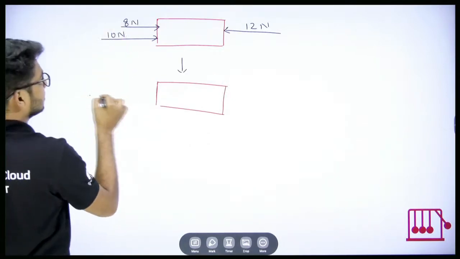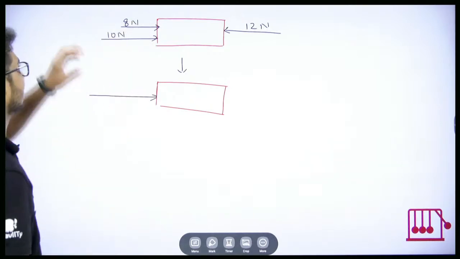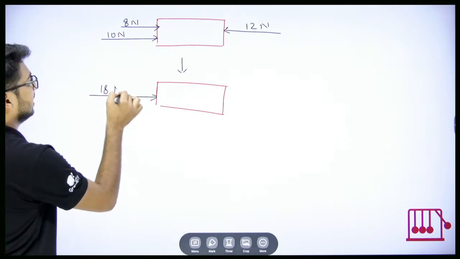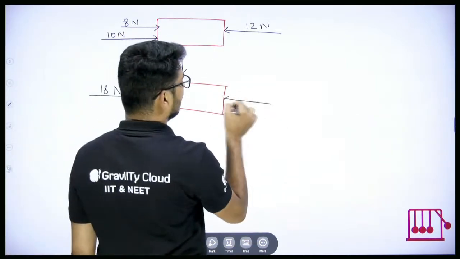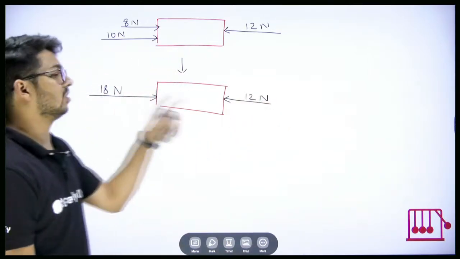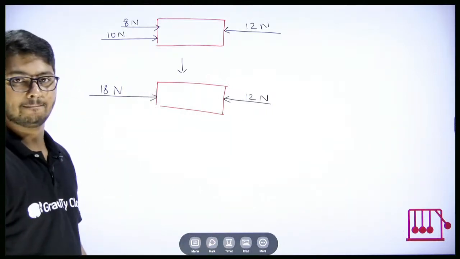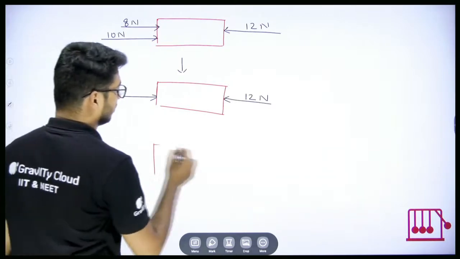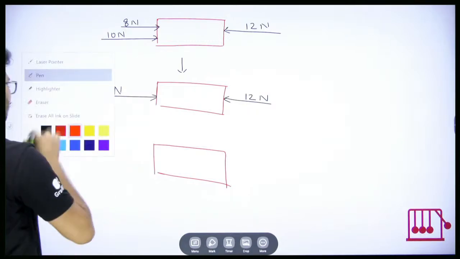Eight plus 10, what is that going to be, everyone? These two are in the same direction. So let us first add these two forces, 8 plus 10, it is going to be 18 Newton. And here it is 12 Newton. There are two forces in opposite directions, 18 Newton and 12 Newton. Then what? 18 minus 12. Now you subtract them.